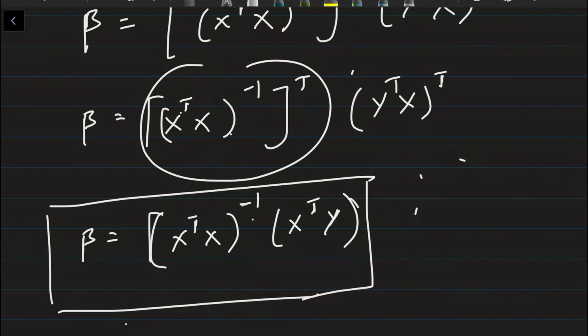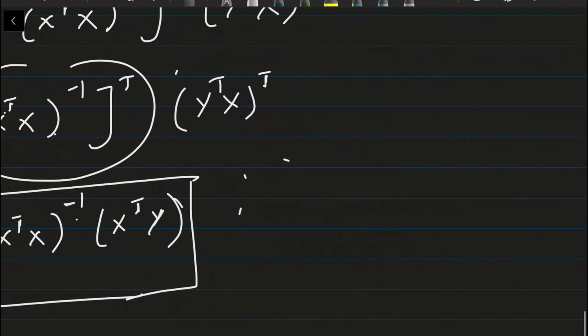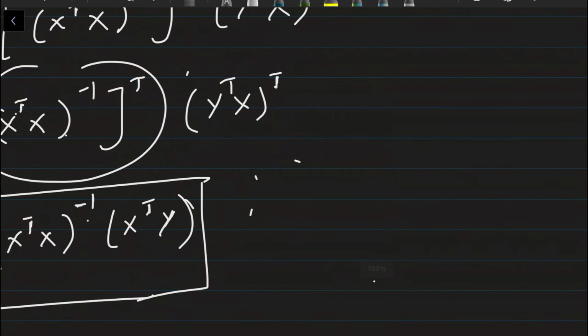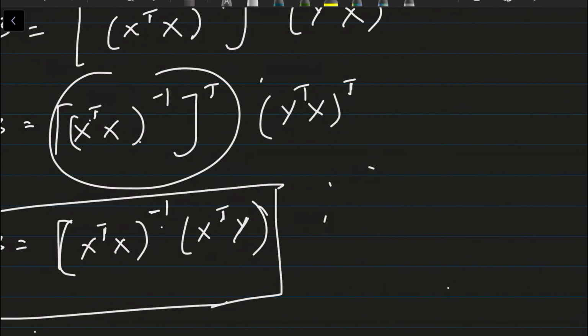We know that matrix inversion takes more time, right? To invert a matrix, the complexity is around n cube. So it takes more time and requires more computation power when implementing multiple linear regression with many features.